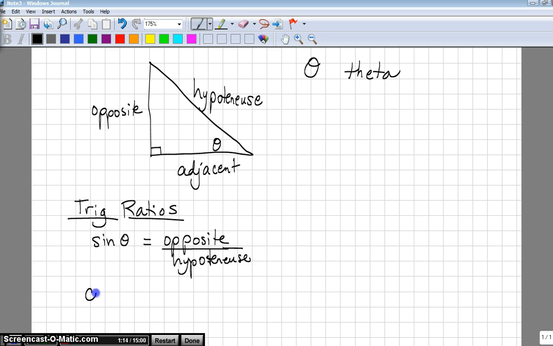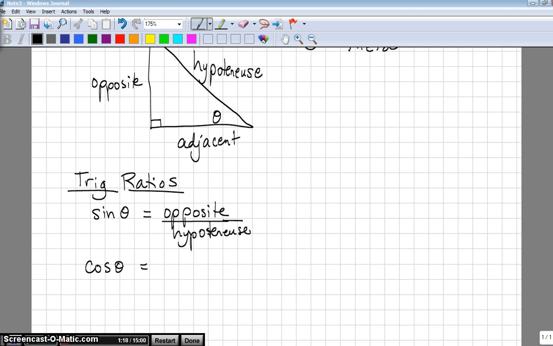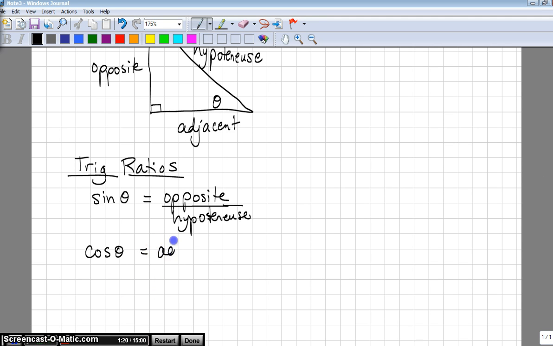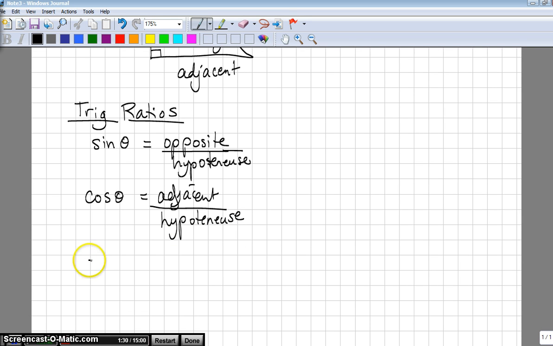The cosine of theta, which is abbreviated COS, is the adjacent side over the hypotenuse. And the tangent of theta, abbreviated TAN, is the opposite side over the adjacent side.